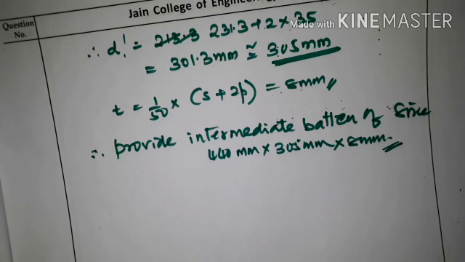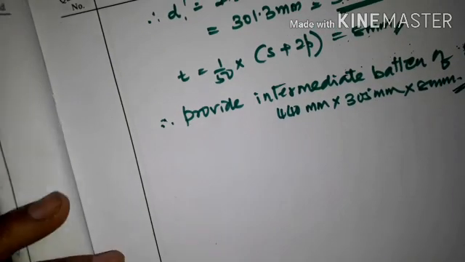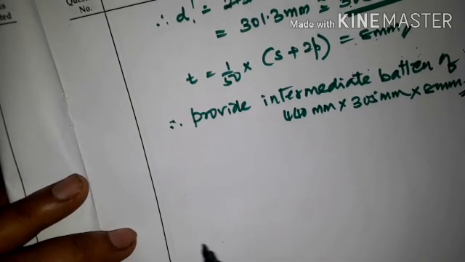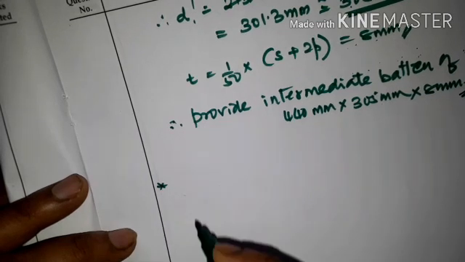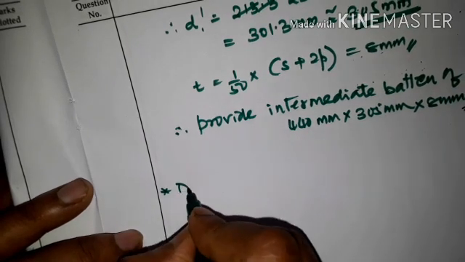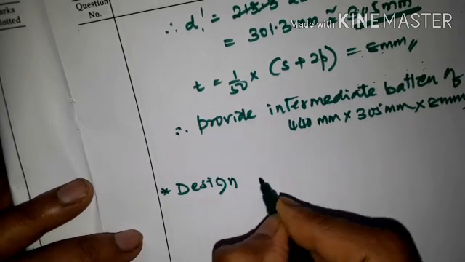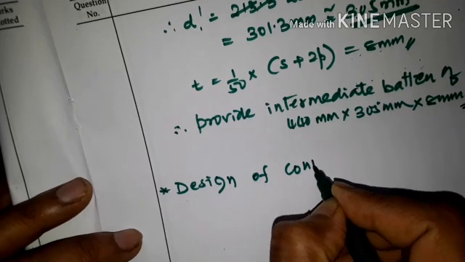Then from design of lacing, if you are asked to design batten, you have to follow the procedure for design of batten. Then after that, the next step is design of connection, the same as what you did in design of lacing system. So next is design of connection.